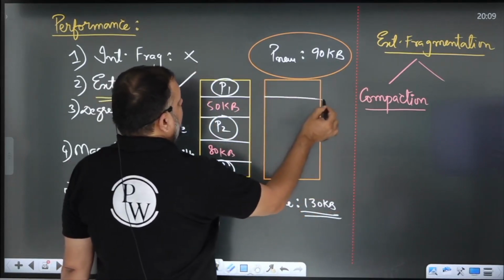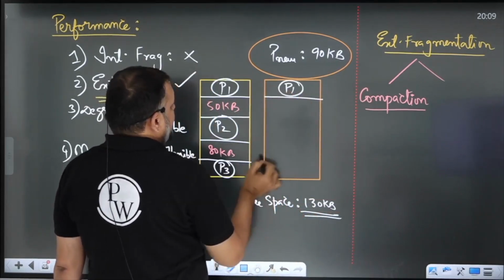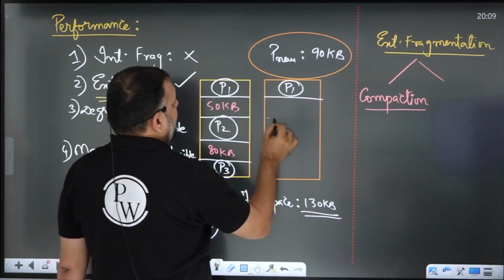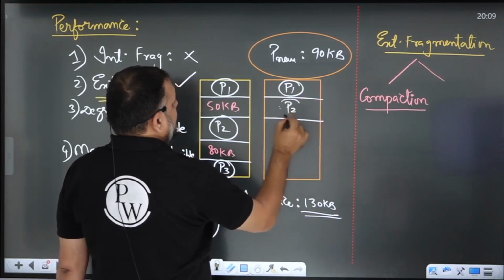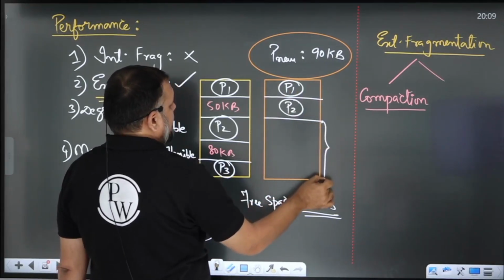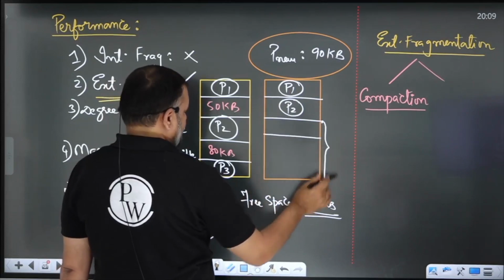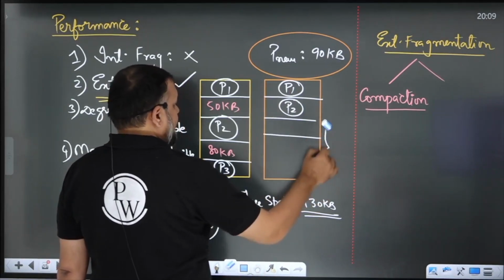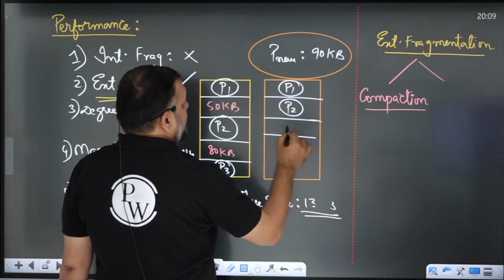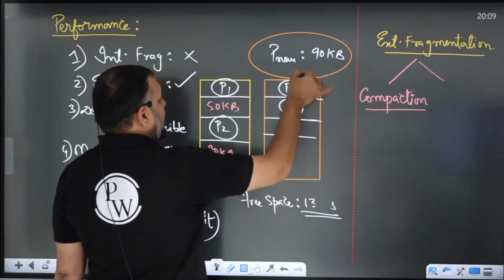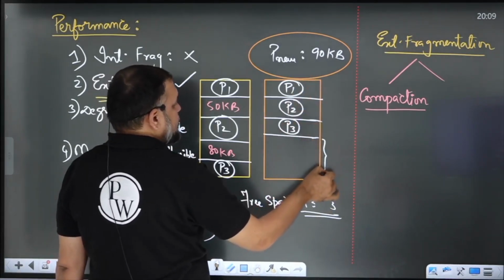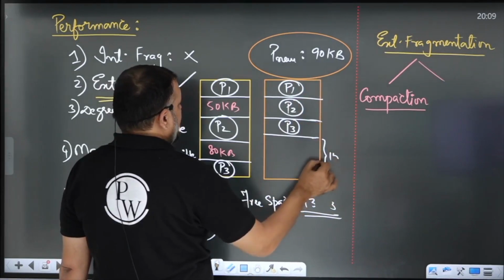P1 is already here, so I relocate P2 immediately after P1. Then the remaining area becomes one free chunk, and P3 is also there. So P1, P2, P3 are relocated at one end of memory, creating one free chunk of memory at the other end, that is 130K.